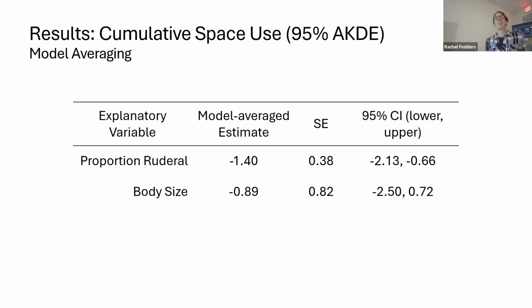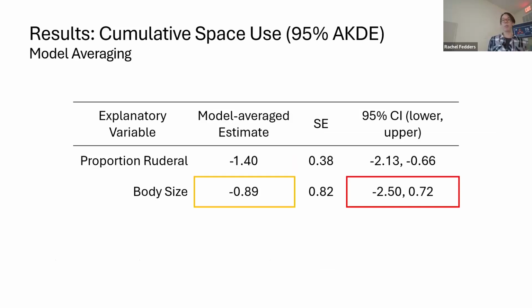Here's our model averaging. Looking at proportion of ruderal habitat, the model average estimate was negative, and the confidence interval did not overlap 0, indicating a significant effect of this variable on cumulative home range size. And for body size, the model average estimate was negative, and the confidence interval did overlap 0, indicating a non-significant result.